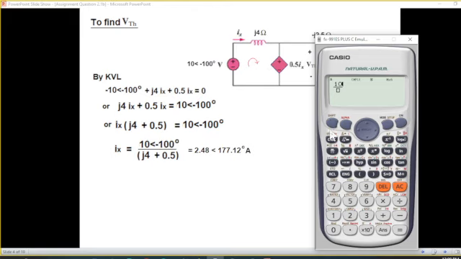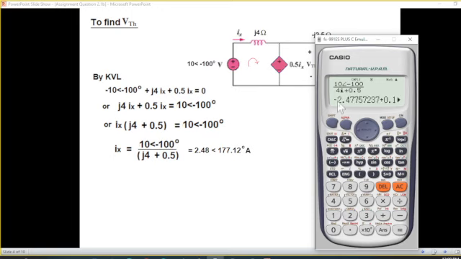So we write shift angle minus 100. The numerator is done. Now we come to the denominator, and it is j4 plus 0.5. So we write 4i for j, 4i plus 0.5 and equal sign.